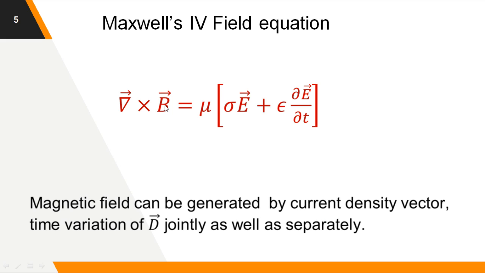Remember, in any region, we can produce a magnetic field using the normal conduction current or the variation of the electric field. So by both methods, we can produce a magnetic field. Just current, magnetic field produced. Just variation of electric field, magnetic field. Both are there, then again the magnetic field is produced.